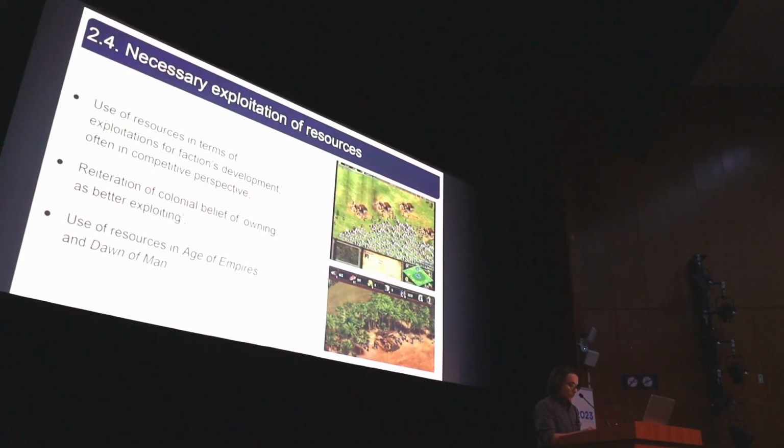These dynamics not only reiterate colonialist rhetorics, but also the populist belief of identity as owning place, people, or cultural heritage itself. For example, in Age of Empires, as in many other historical-based strategy games, material resources are necessarily accumulated and exploited for the growth of the faction in competition with other groups.